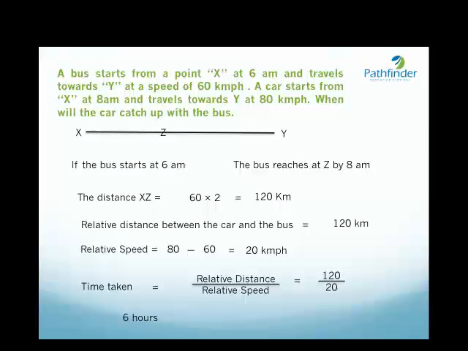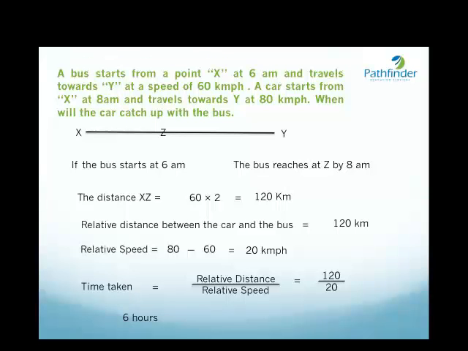So the car will catch up with the bus after 6 hours. But 6 hours after what? 6 o'clock or 8 o'clock? It is 6 hours after 8 o'clock, that is when the car starts moving. So obviously the car will catch up with the bus 6 hours after 8 a.m., which is basically at 2 o'clock in the afternoon.